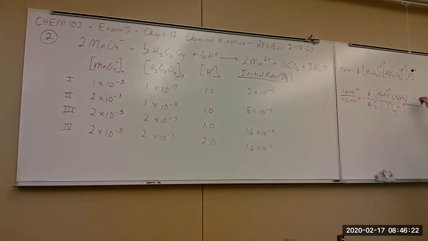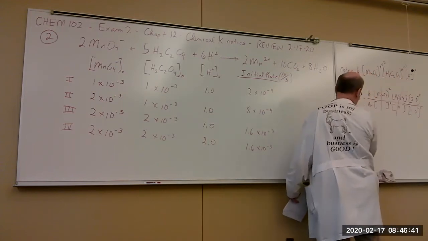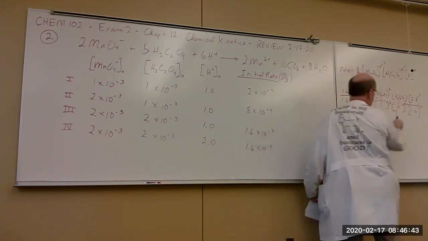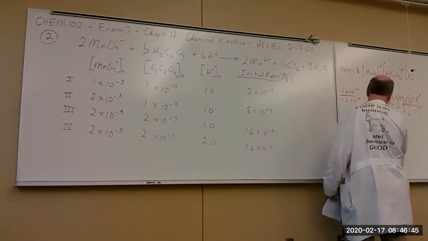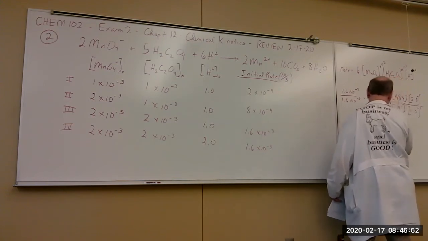So now we have this one out here, which is 2 divided by 1, and that's to the p power. So that's 1. This divided by this is 1. And then that divided by that is 2 over 1 to the p power, which is 2 to the p power.